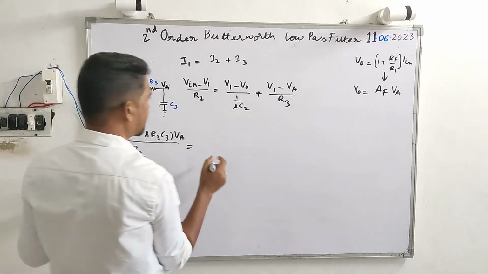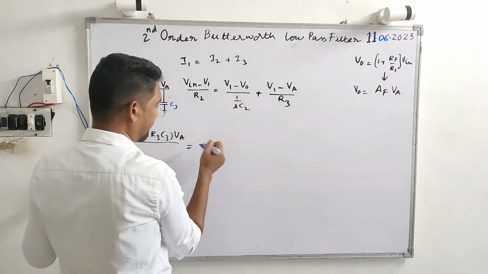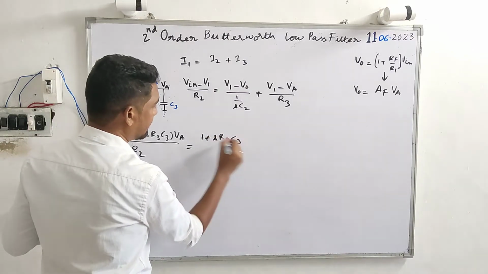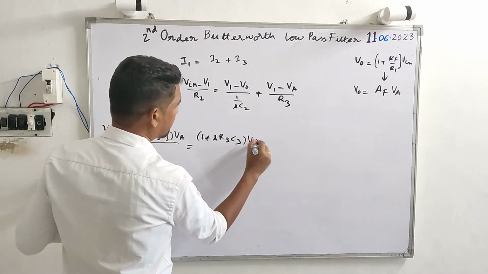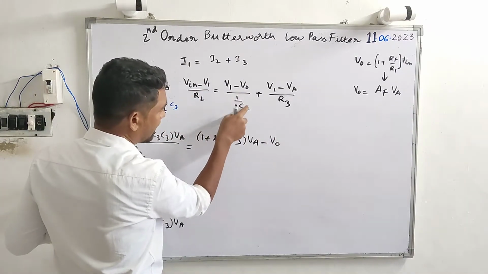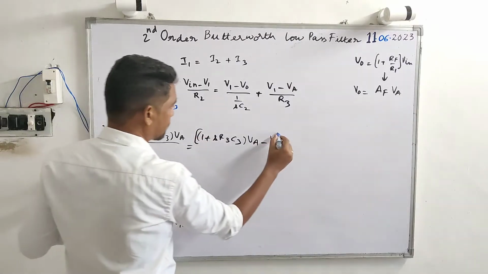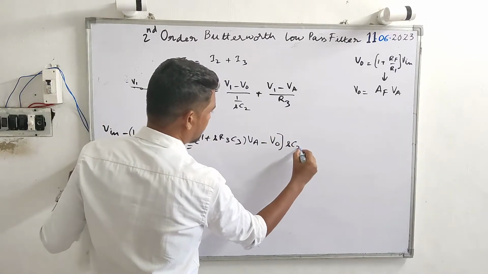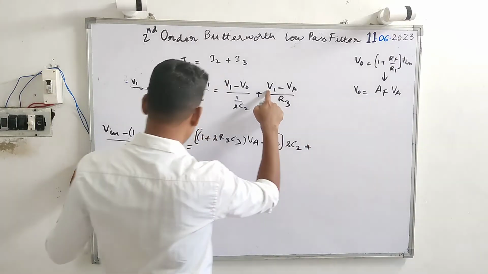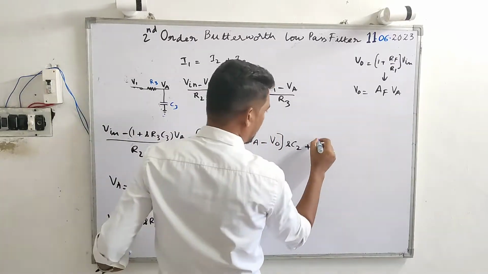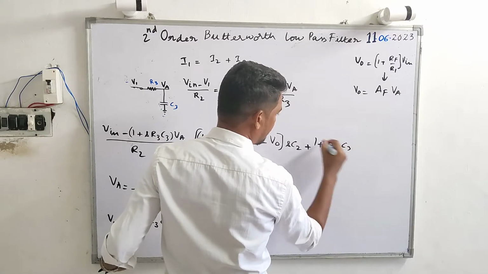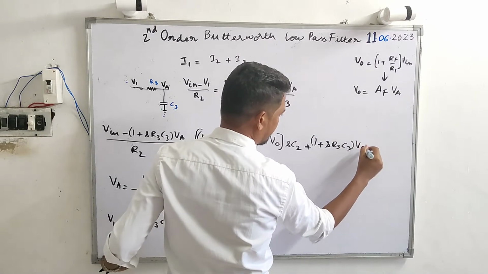In the second expression also, in terms of V1 we'll plug in 1 plus S R3 C3 times VA minus V0, and this gets multiplied with SC2. Please make a note of this change. Plus even in this V1 we need to plug in 1 plus S R3 C3 times VA.